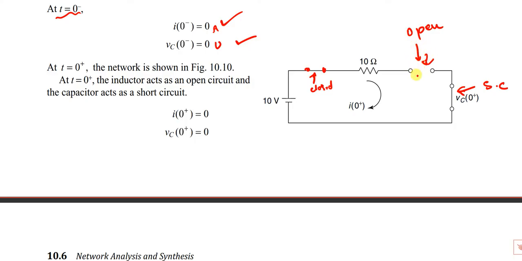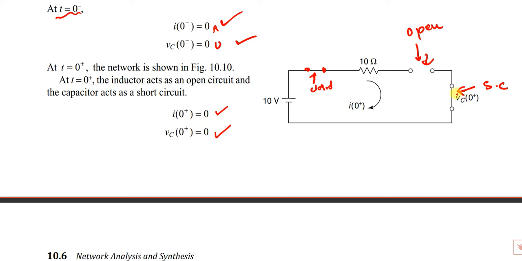Whenever an inductor is there, just after switching, it acts as an open circuit. So even if the capacitor acts as a short circuit, no current is flowing. So just after switching, t equal to 0 plus, the current in the circuit is 0, and the capacitor also does not start charging.